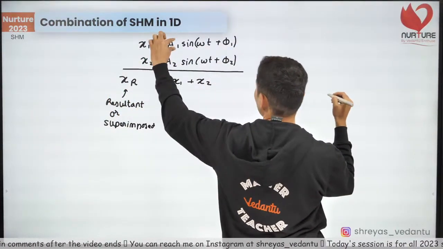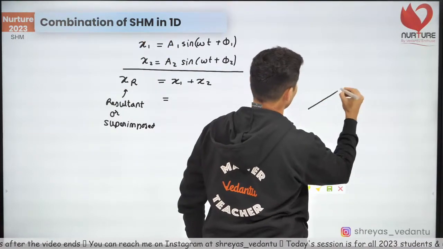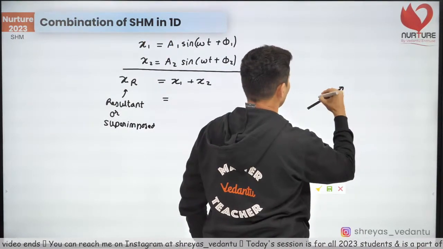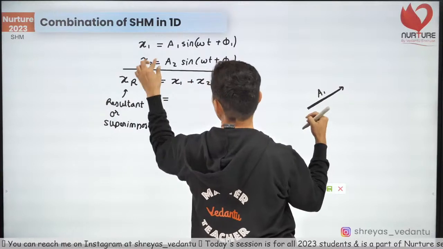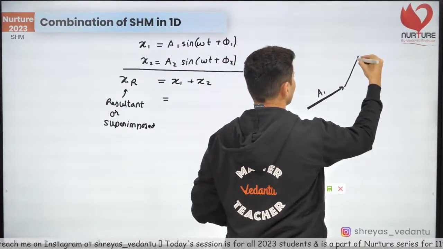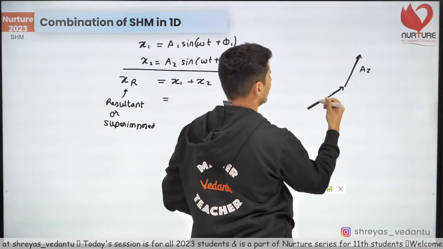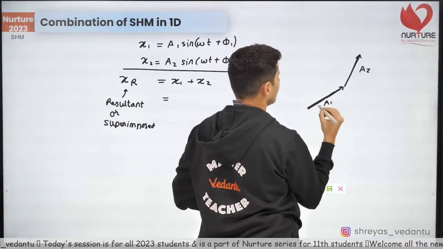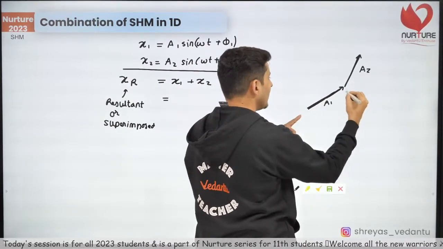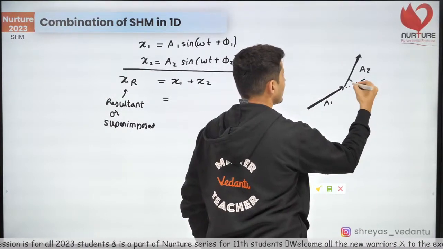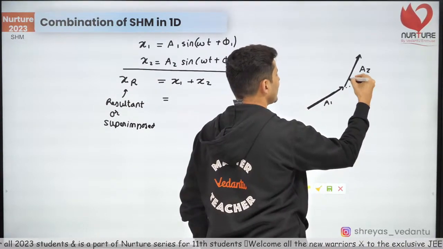So you take the phasor of 1, this phasor 1, A1 will be the length, and phasor 2 will be, let's say, A2. Let's probably write it over here. This is A1, this is A2, and they will have some difference between them. What will this angle be?